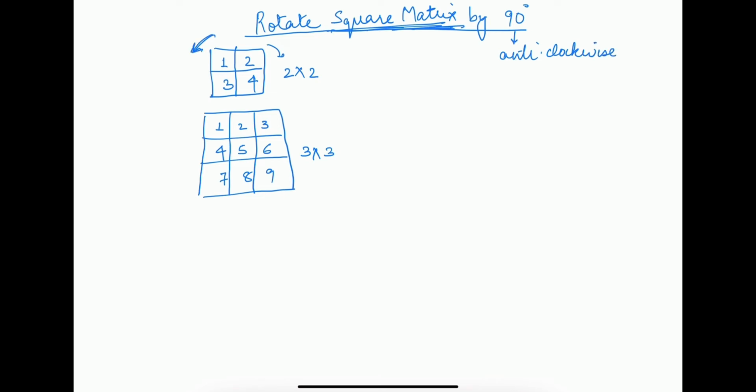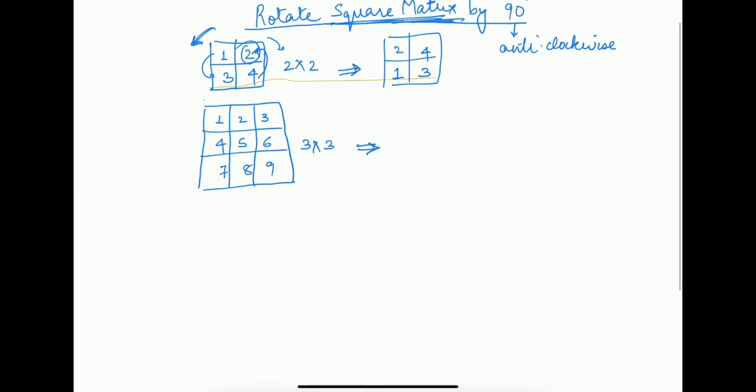What will happen if I rotate this matrix by 90 degrees in the anti-clockwise direction? 1 will come here, 3 will go here, then this 4 will go on the upper side, then this 2 will come at this position. This is how the matrix will look after being rotated by 90 degrees anti-clockwise. Similarly, let's see how a 3 by 3 matrix will look when it is rotated 90 degrees.